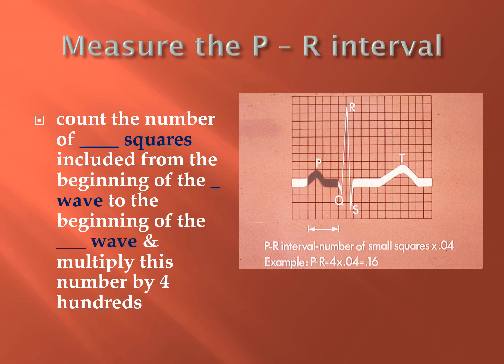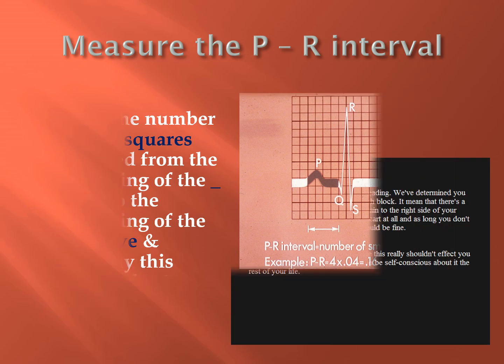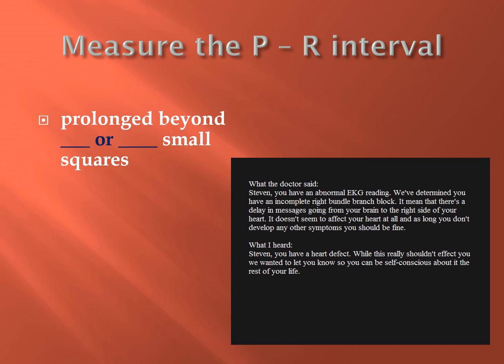In this example, our PR interval is 0.16 because we took 4 of these small squares times 0.04. Then we need to be cognizant of whether this is normal. The PR interval is prolonged if it's beyond 0.20 or 5 small squares.